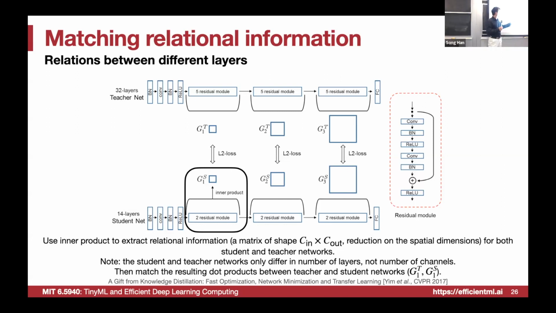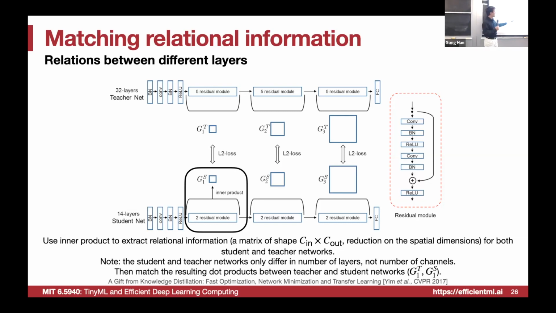So here and here, they are from the same stage, therefore they have the same resolution. The channel might differ. This might be like 224 by 224, 3 channels. And here might be 112 by 112, 64 channels, right? And here is the same for the teacher.